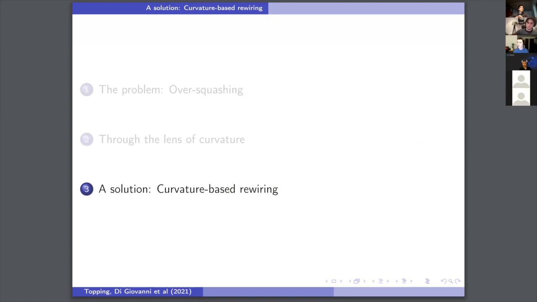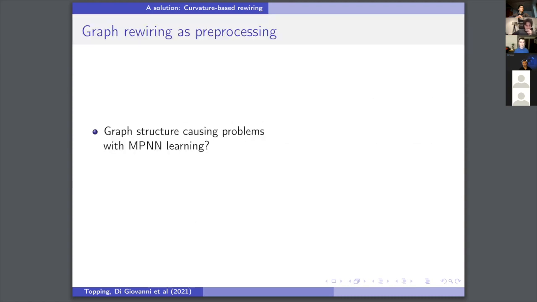So we've got a nice war chest of theory now to come and try and tackle this oversquashing problem. And one of the more simplistic approaches to try and improve the performance of a message passing neural network is to apply some rewiring as pre-processing, right?